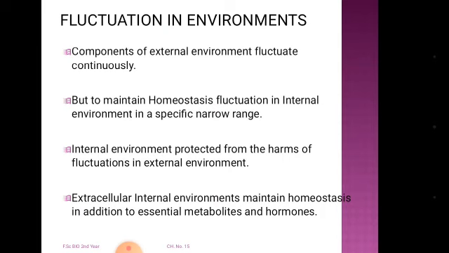Usually the external environment fluctuates continuously, but the internal environment maintains homeostasis within a specific narrow range. A minor change takes place in the internal environment. Similarly, the external environment fluctuates up to the highest level.